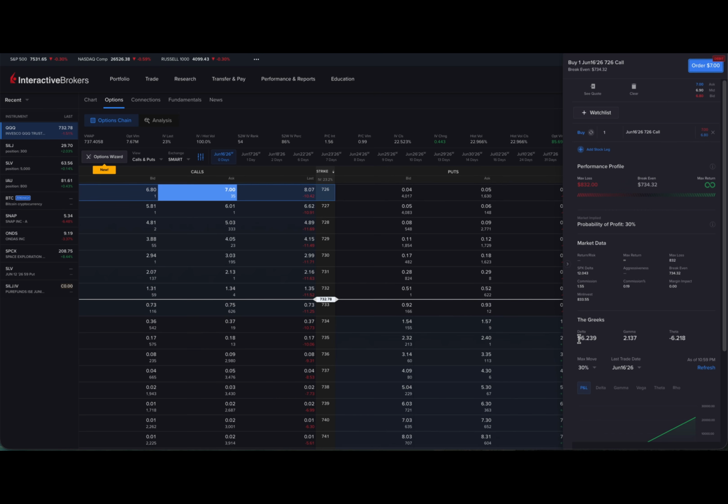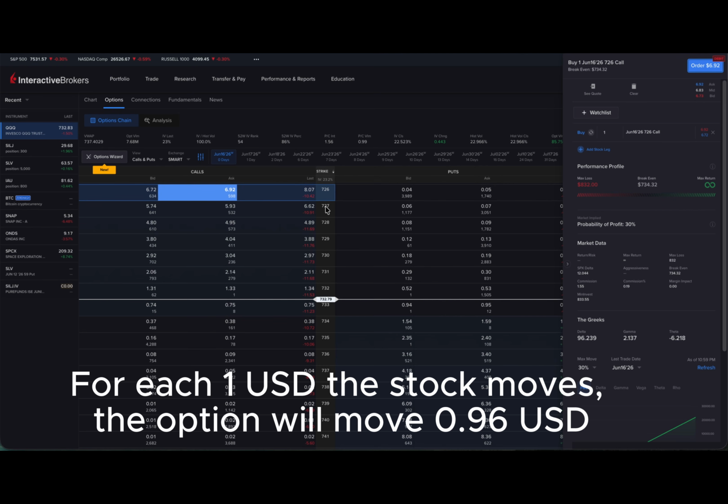For the put option, it goes from -1 to 0, or from -100 to 0. You see here that this delta is very, very high, and what this means is that for each $1 that this stock moves, the option will change in value 96 cents of the dollar.